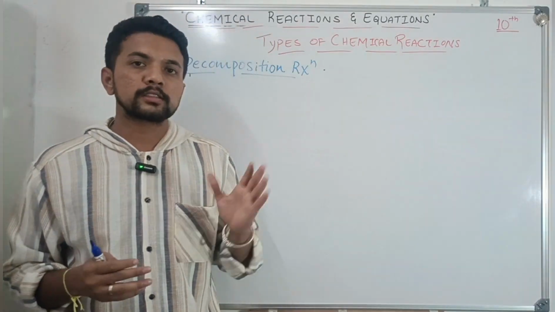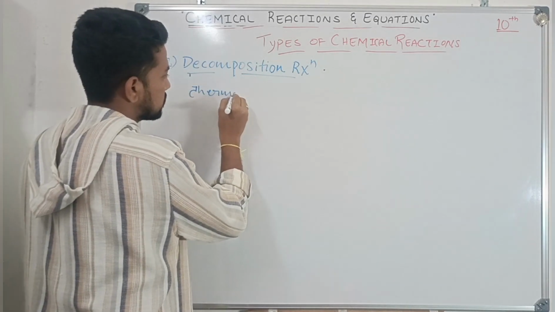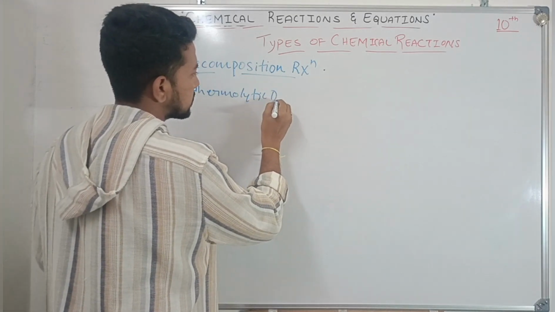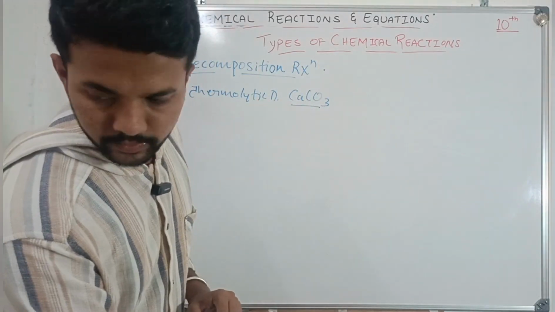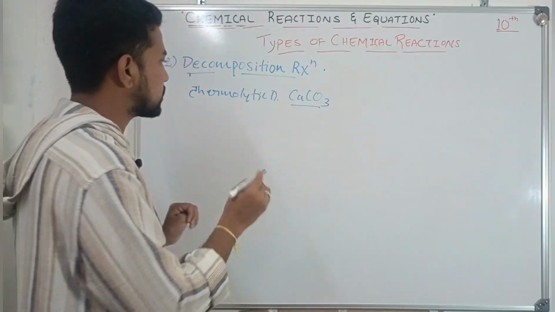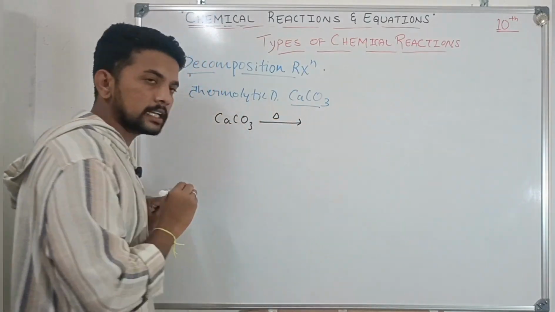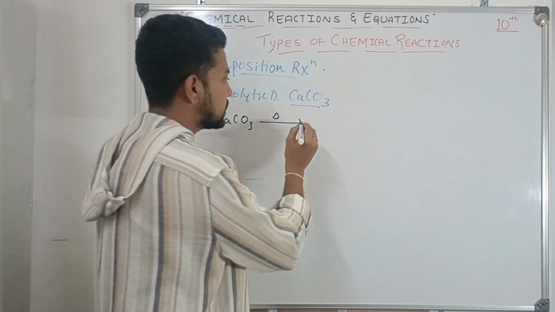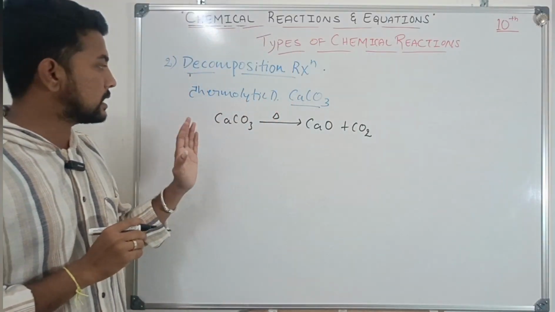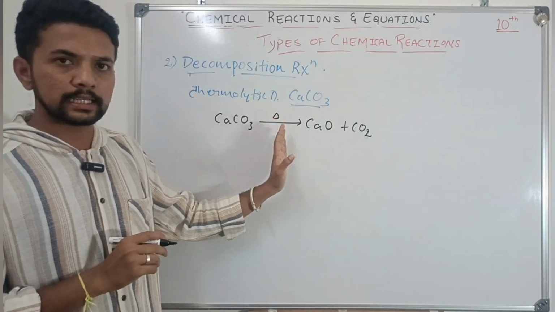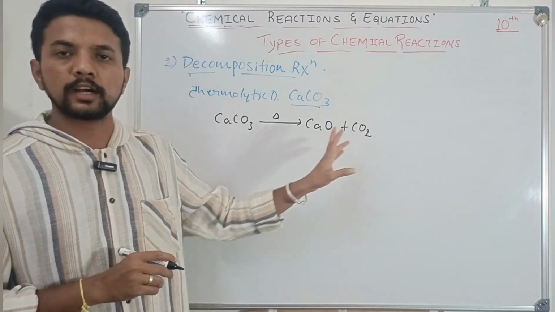The third example for thermolytic decomposition is the thermolytic decomposition of calcium carbonate, CaCO3. When calcium carbonate undergoes thermolytic decomposition, there is a formation of calcium oxide along with carbon dioxide gas.